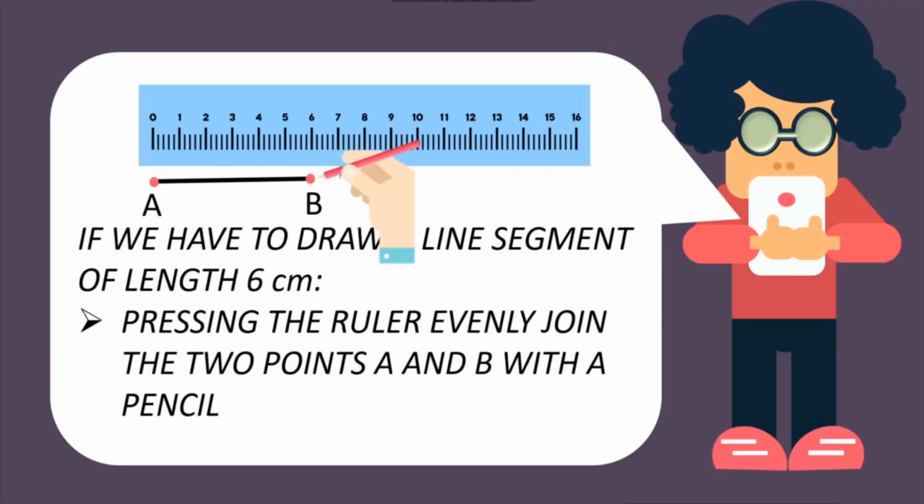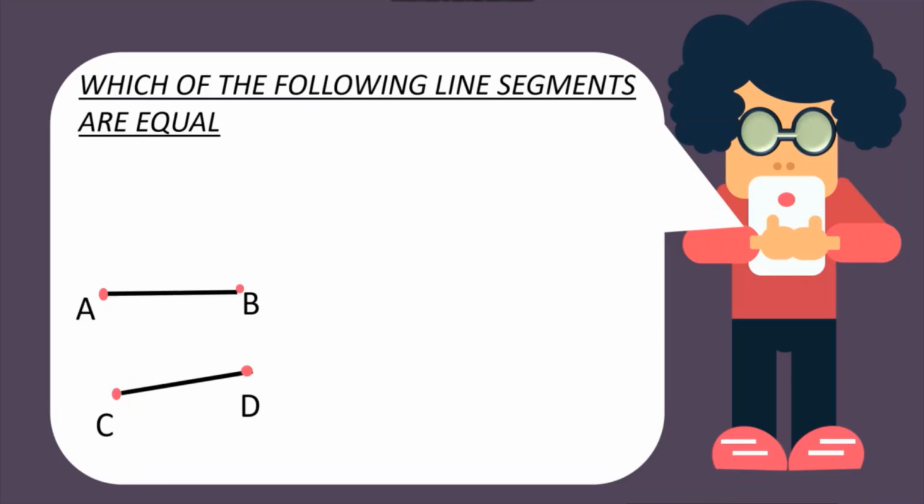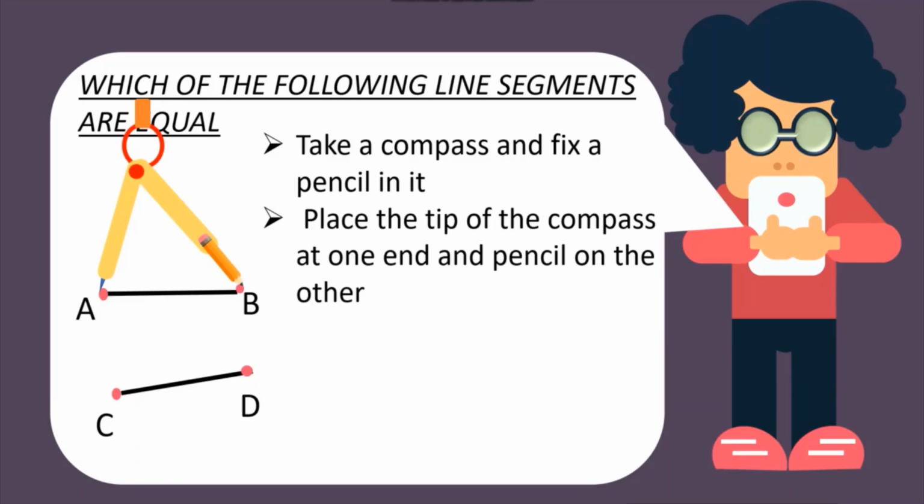In order to find out whether 2 line segments are equal or not, what should we do? So there is a line segment AB and CD. So first, take a compass, fix a pencil in it. Place the tip of the compass at one end and pencil on the other.